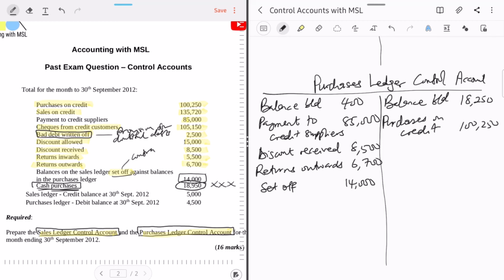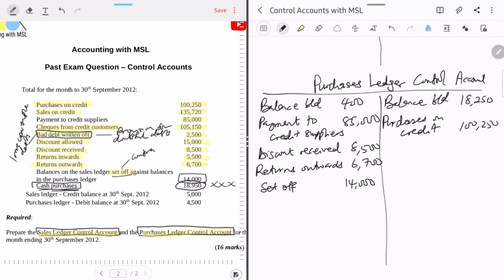No. If you see provision for doubtful debt, instead of the clear word bad debt, please do not record it. Take note, some questions can also write bad debt as what? Irrecoverable debts. So if you see irrecoverable debts, take note, it's the same as bad debt, so don't be scared. Irrecoverable debt is the same as bad debt.